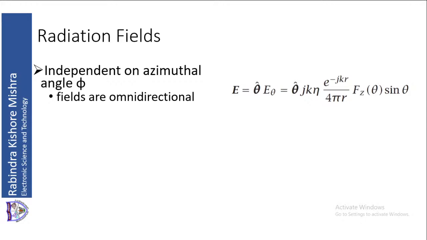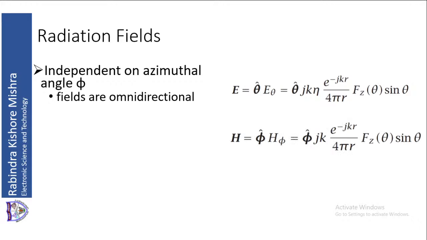Now also we have found out what is F perpendicular. E is equal to theta cap E theta, and the theta variation of E theta comes from F perpendicular, which is F z theta sin theta. The amplitude of E theta is j k eta exponential minus j k r by 4 pi r. So from that we get this E.